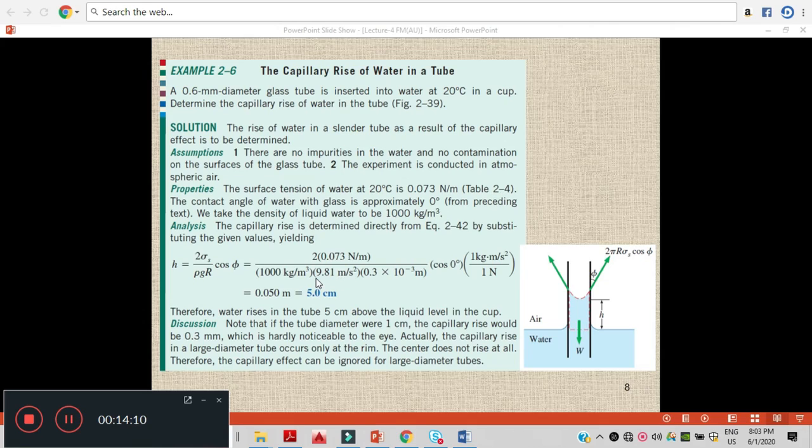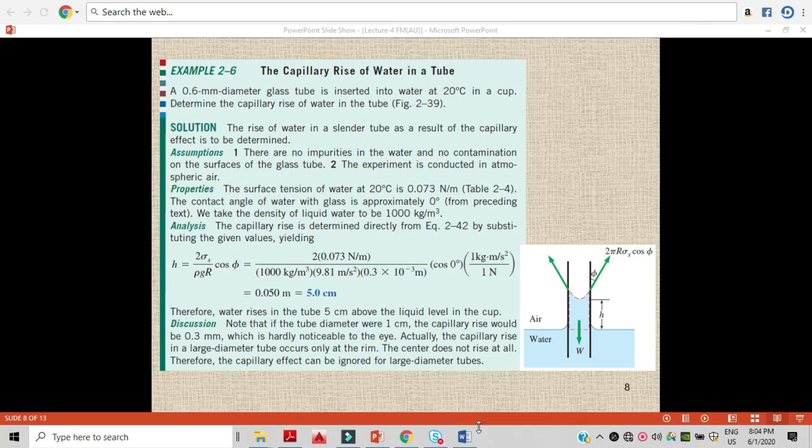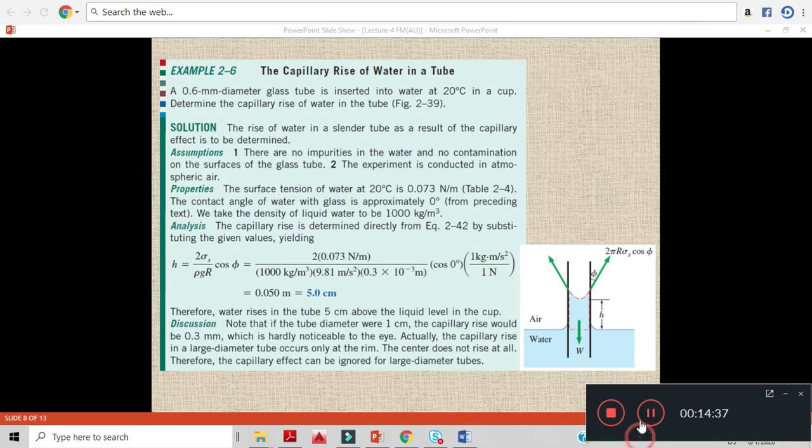In the previous lecture I showed you the surface tension of different fluids at different temperatures, so you can take the surface tension of the fluid at 20 degrees centigrade and insert it here. When you work it out, the fluid will rise up to 5 centimeter. Okay, so this is the end of the capillary effect.